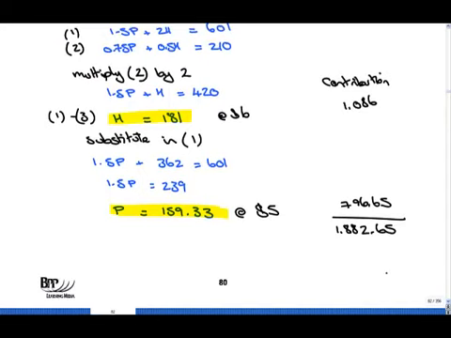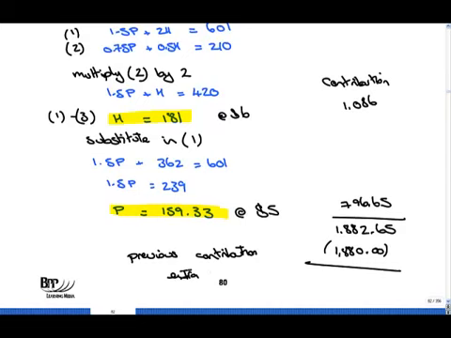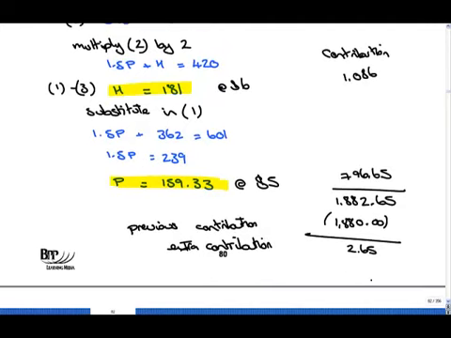Now our previous contribution was 1880, so the extra contribution, and therefore our shadow price, is $2.65.